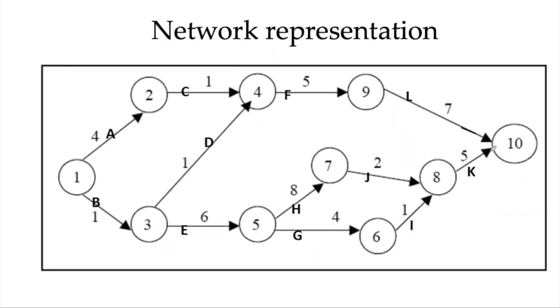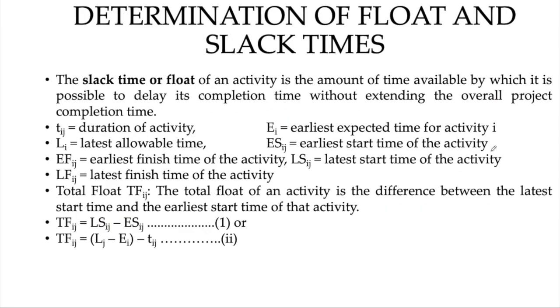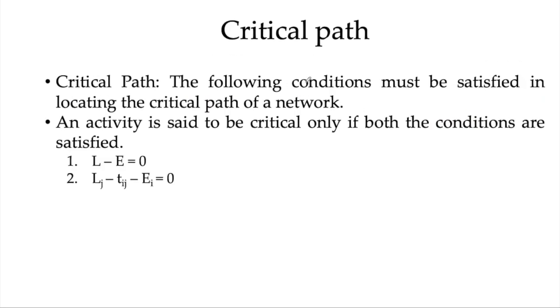So if we move on here, this is the float we discussed. And if an activity is a critical activity, both conditions are satisfied. That is, Lj minus Ti equals 0 and Lj minus Tij minus Ei equals 0.